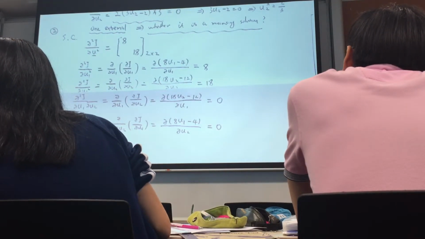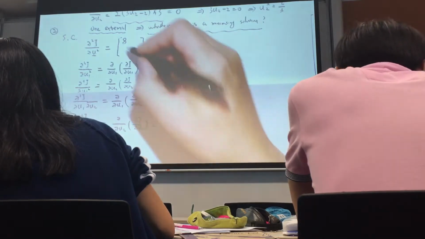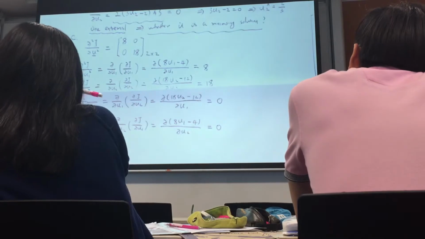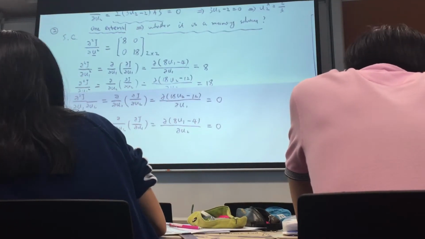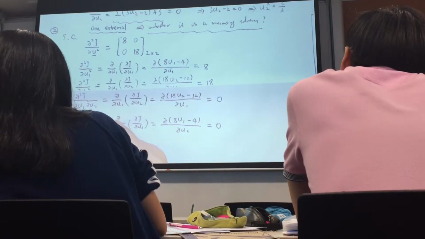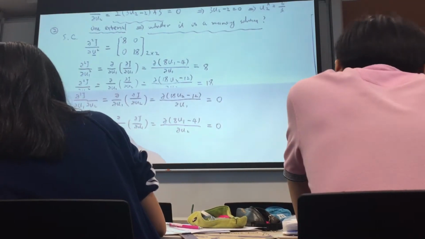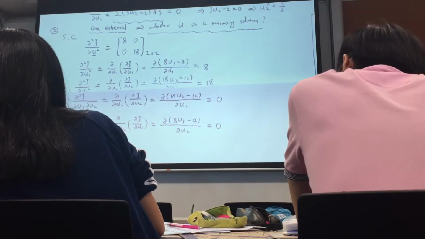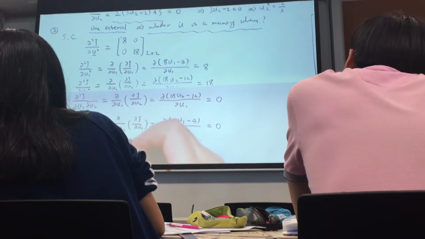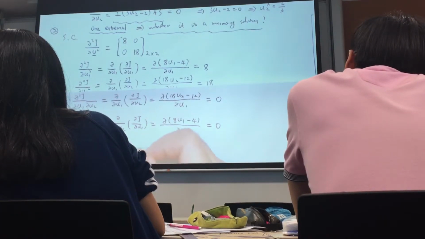So these two zeros will be here. Now I just copy the solutions here. So we have d²J du² equal to 8, 0, 0, 18.